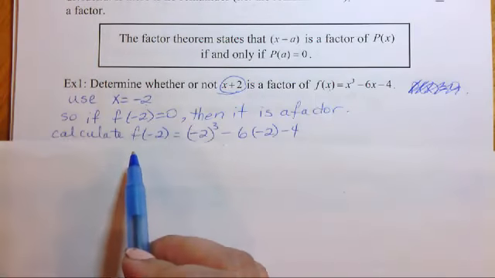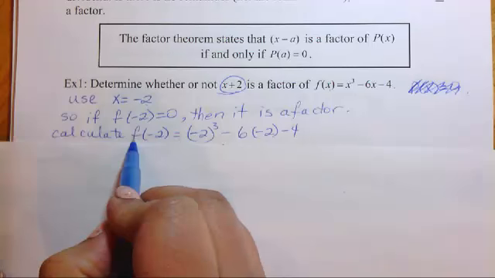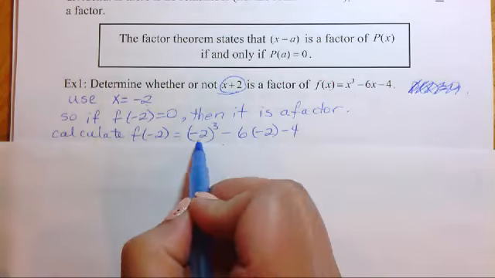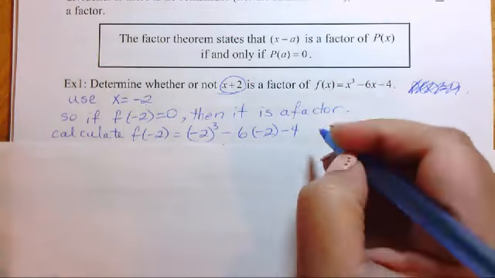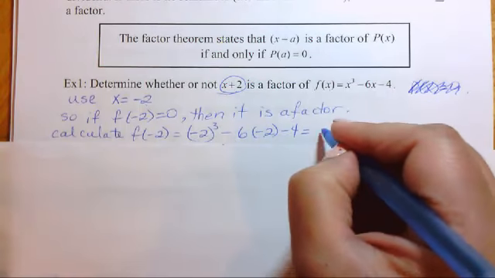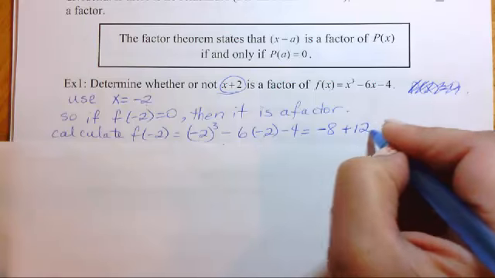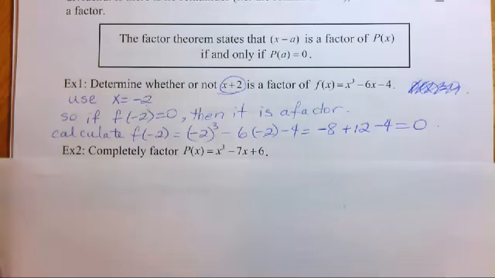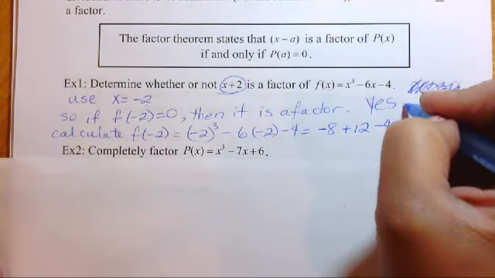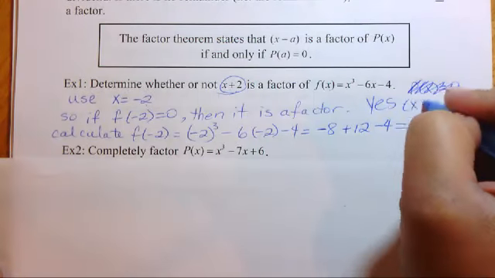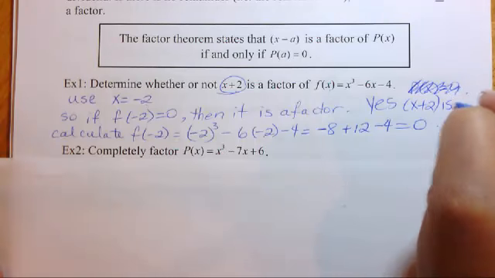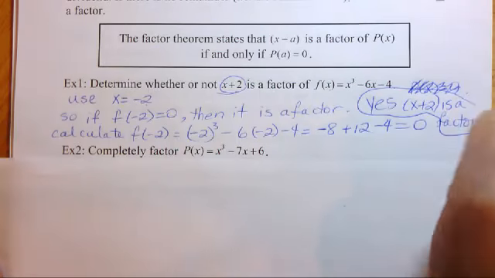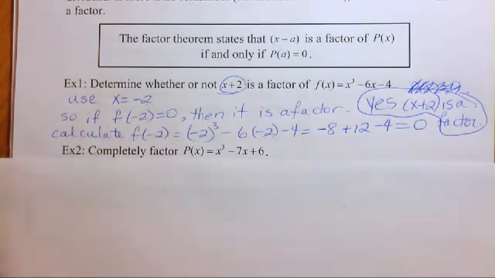So we want to actually do the calculation of f of negative 2. Wherever you see an x, plug in a negative 2. And in this case, we see that the result is, in fact, 0. So we can say, yes, it is a factor. I probably should have given myself a little more room to write that down.